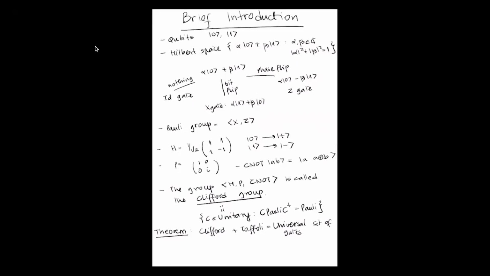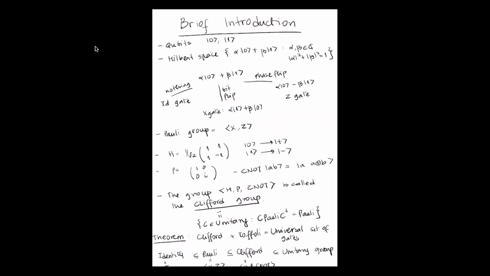Okay, so this forms the universal set of gates. And group theoretically, what have we learned so far? We have these 4 groups, beginning with just the identity, which is you do nothing on your qubits. Then you can do the Pauli operations on your qubits, which is either bit flip or phase flip.